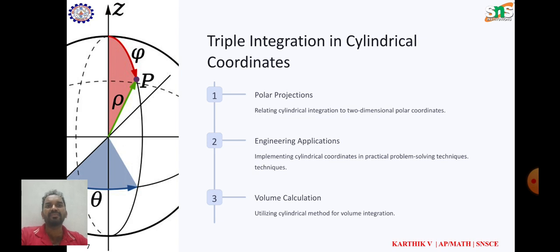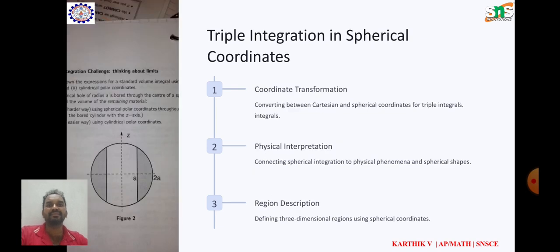The conversion from Cartesian coordinates to cylindrical coordinates is given by x equal to r cos theta, y equal to r sin theta, z equal to z. For example, triple integral of f of r, theta, z into r dr d theta dz.